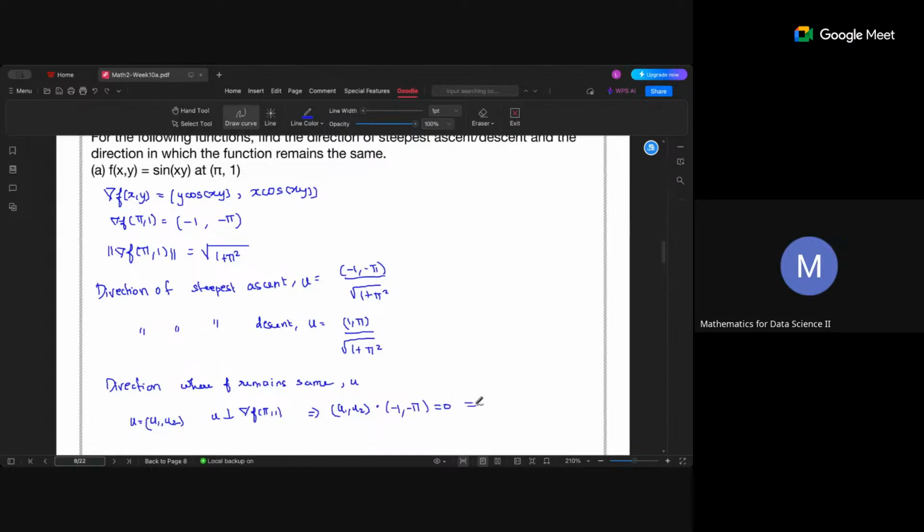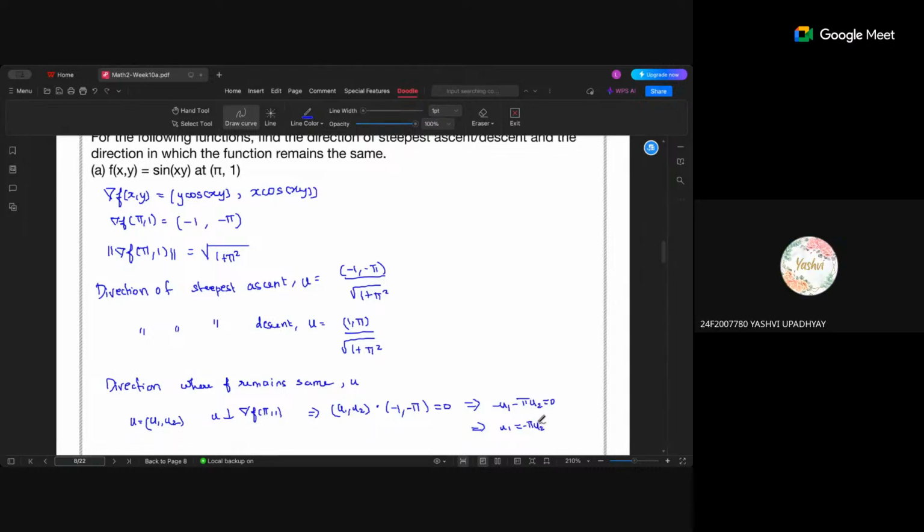What does this mean? Minus u1 minus pi u2 is 0, so this means that u1 is equal to minus pi u2.